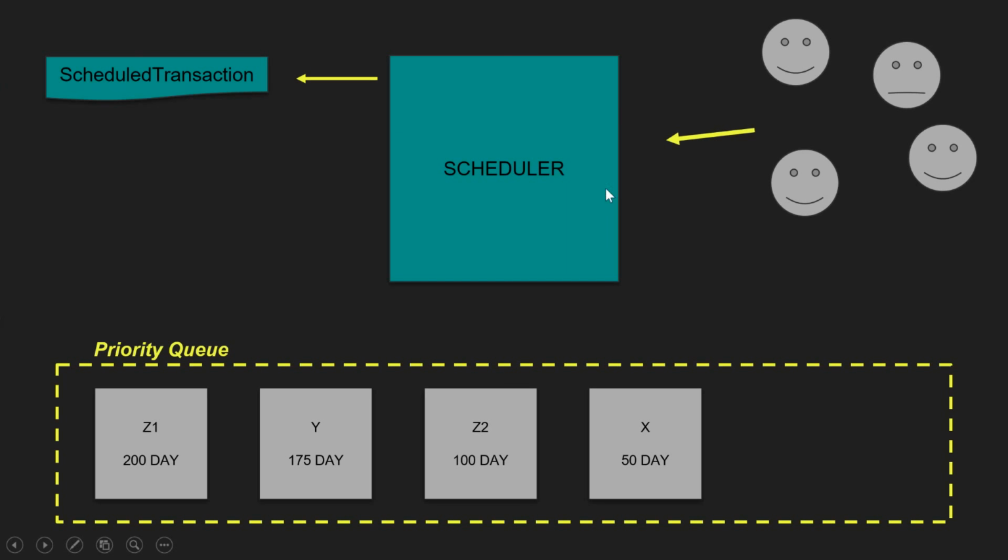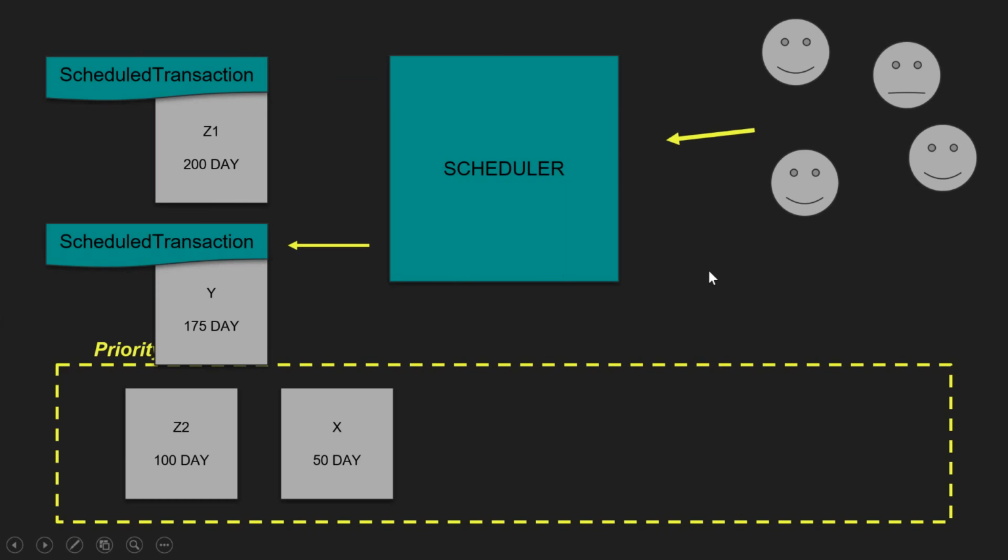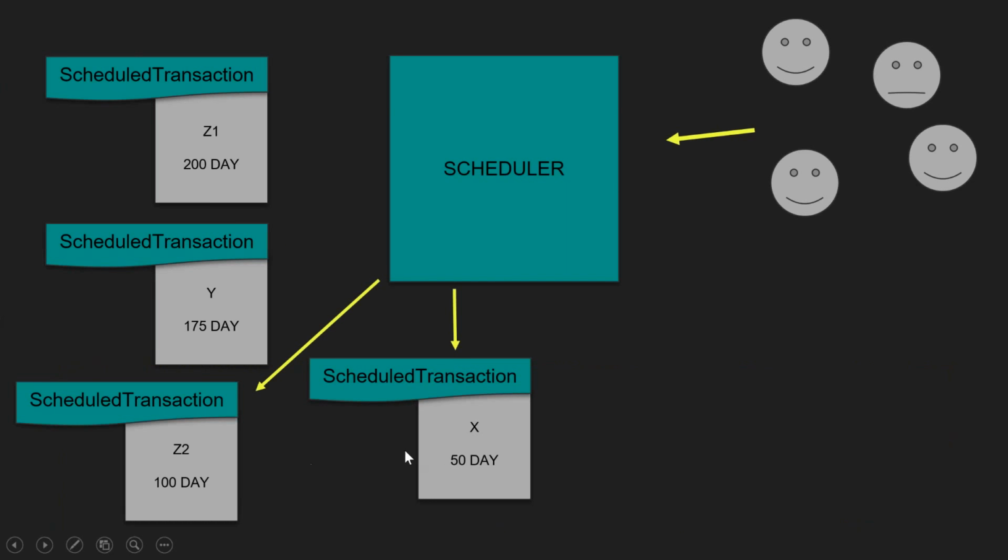Because the priority queue just pops the first time node off the queue, for this first scheduled transaction, it'll use the Z1 bond and assign it to the scheduled transaction. Similarly, it'll just go down the line. The next one is time node Y, and it'll continue on until all of the time nodes are assigned new scheduled transactions.